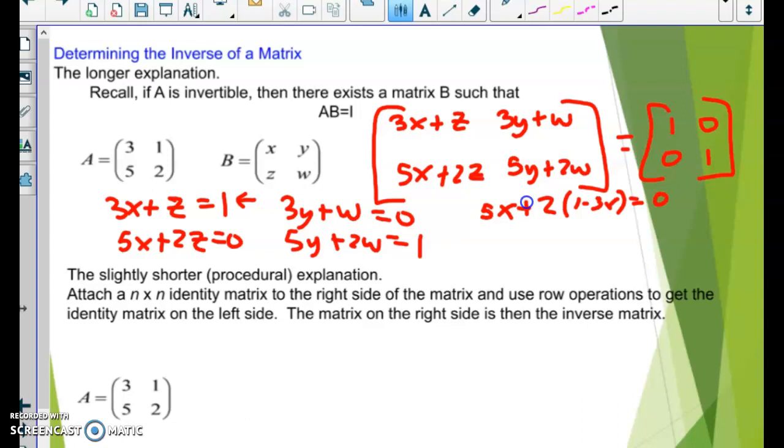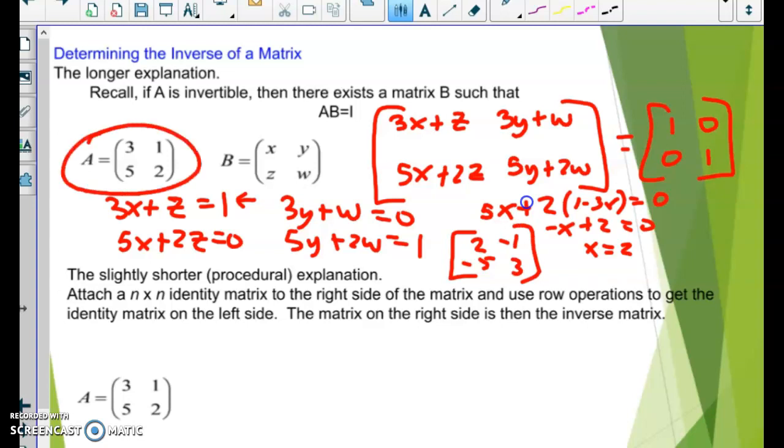And solving that, I get negative x, because 5 minus 6, and then it looks like a plus 2 equals 0, so x is equal to 2. And I can do the same for the rest of them and end up with 2, negative 1, negative 5, 3 as my inverse of this.